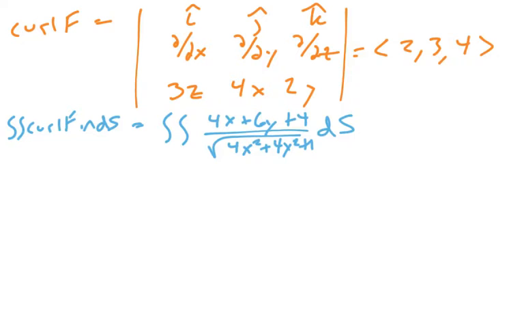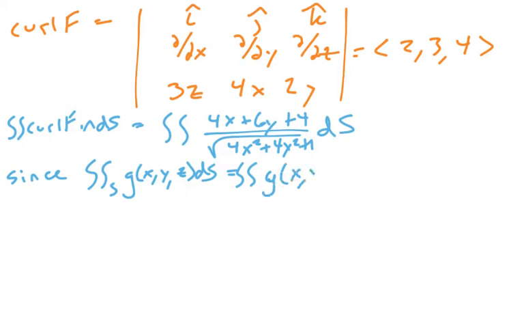And then, if you remember the general idea with these, the double integral of g of x, y, z dS equals the double integral of g of x, y, f of x, y, which is the situation we have, right?